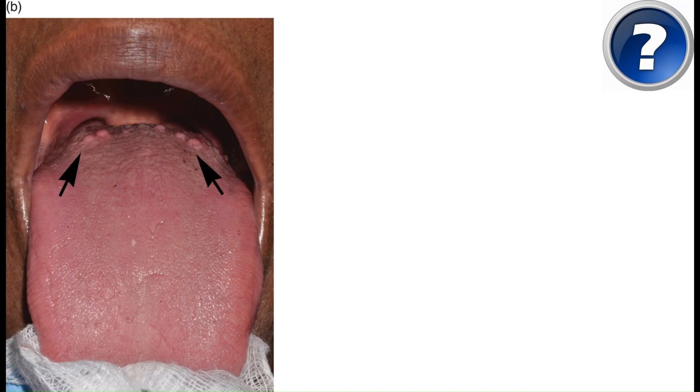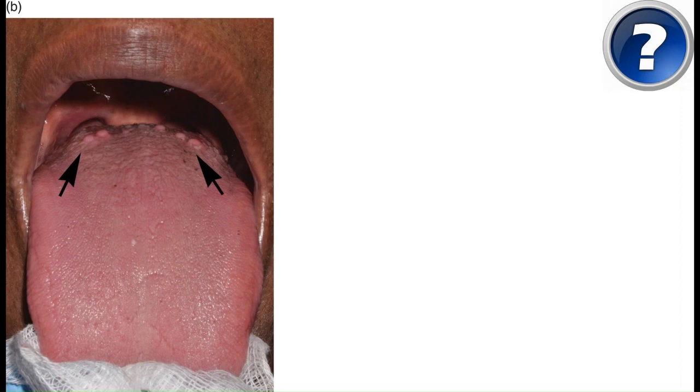Now, in this view, the tongue is protruding out, and we can see that there are two black arrows indicating elevated little swellings. These are called circumvallate papillae. They are full of taste buds.